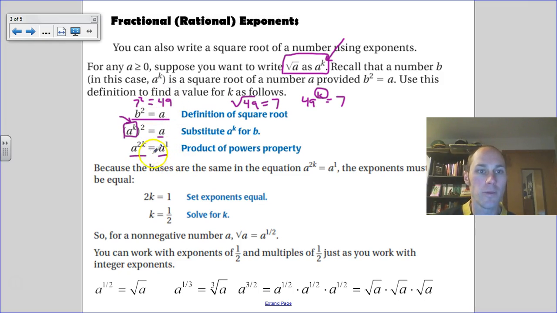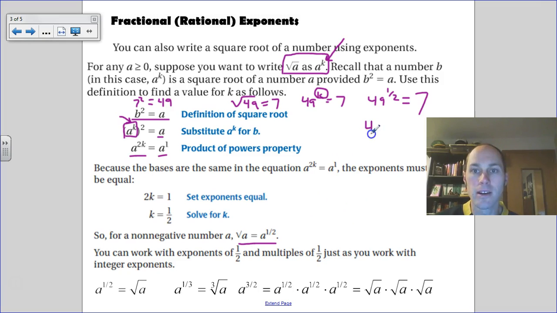So by proof, we know that since the bases are the same, the exponents must be equal. So 2k equals 1. So we've got to find out which value of k is going to make the expression 2k equal to 1. So we solve for k and we get k as a half. So we know that a to the half is the same as the square root of a. So I would say that 49 to the half power is equal to 7. So square root is the same as a half power.